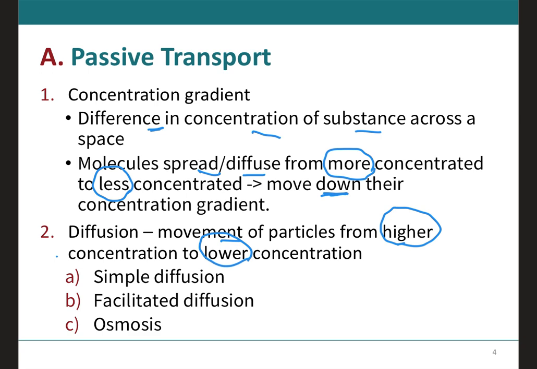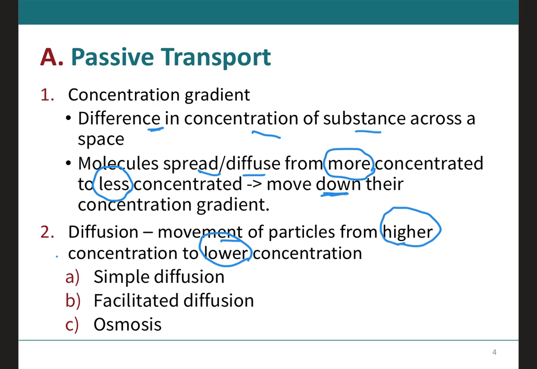In both cases, if the room is warmer or the tea is hotter, the diffusion will occur even faster, because the molecules are bumping into each other and spreading out faster than at cooler temperatures. Therefore, having an internal body temperature around 98 degrees Fahrenheit will also help in the diffusion of particles inside of the body.